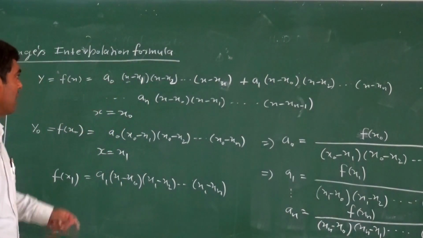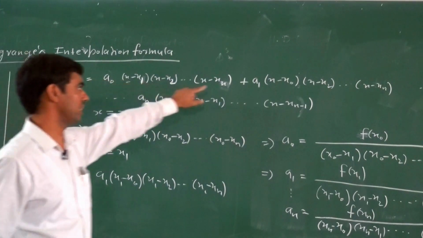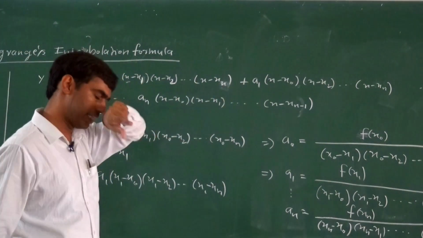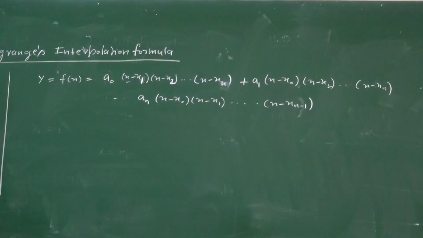Now putting all the values a0, a1, a2 up to an in this polynomial, we find the general Lagrange interpolation formula.